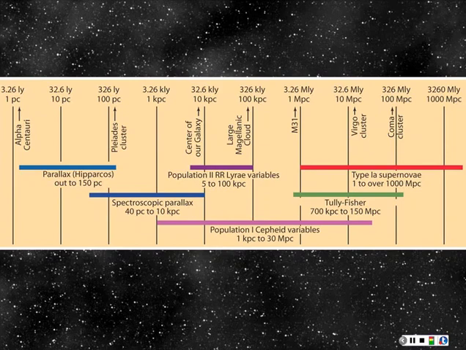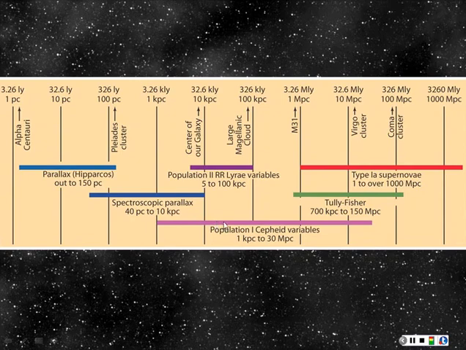This is basically using the MKK luminosity classification, where you use a line width to determine whether it's a supergiant or a giant, and then you've got a rough estimate of its brightness, and then you know how far away it is because you can say this is where it should be on the HR diagram. Okay, so now with the spectroscopic parallax and main sequence fitting, we can calibrate the Cepheids, and so we've got this overlap here in this 1 to 10 kiloparsec range.